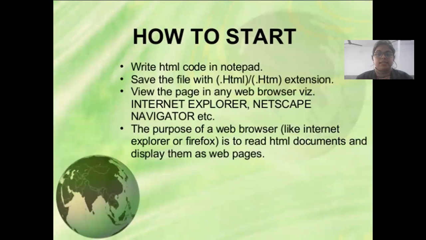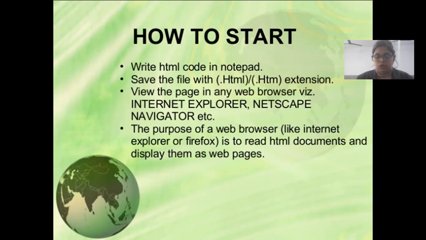In that case, let's start to learn how to write, how to code. In order to learn the same, the first step is to write HTML code in Notepad. This step can also be done in various other software. Like, instead of writing in Notepad, why don't you write in WordPad? Things are the same. So first of all, we have to write down the code in Notepad or WordPad.